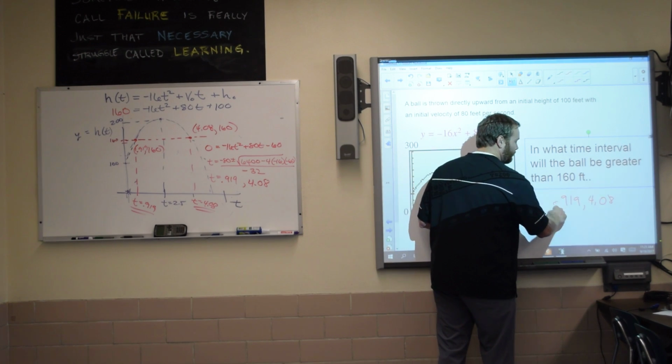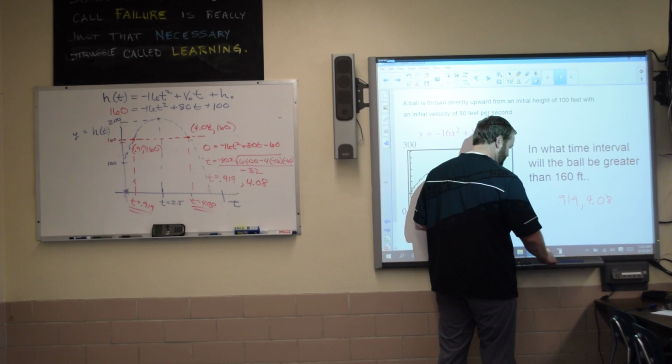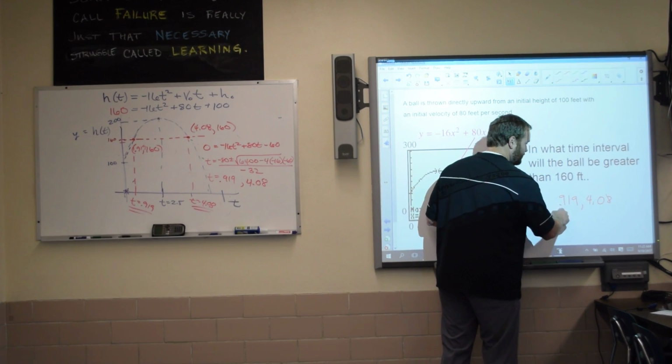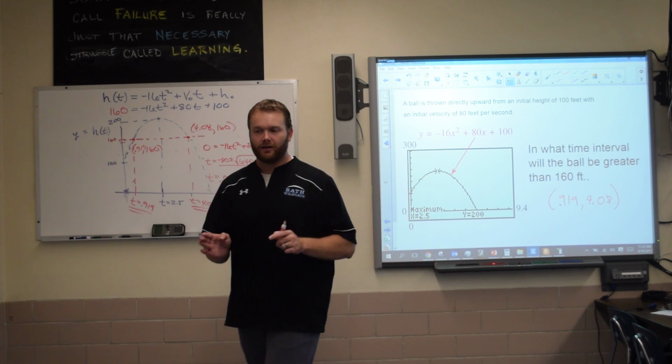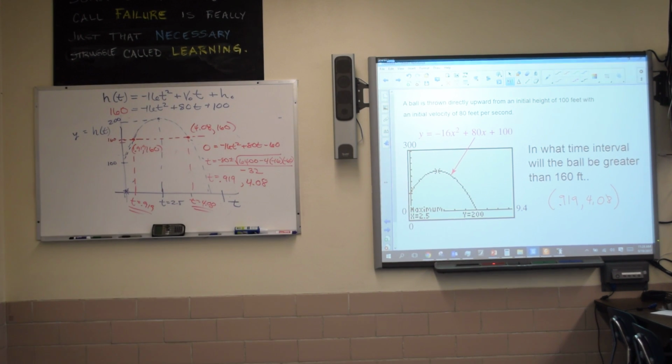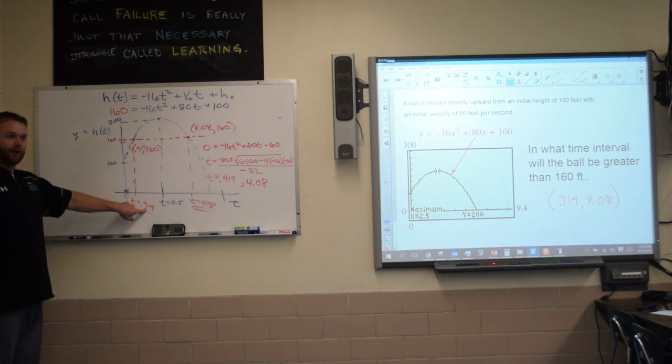Okay. Now with rounding and all that kind of stuff, you could probably argue maybe some of this notation, but I'm going to make sure that I don't include those two values because they want the interval where we're greater than 160. Now the idea is, since I rounded that number up, I could actually include that number.